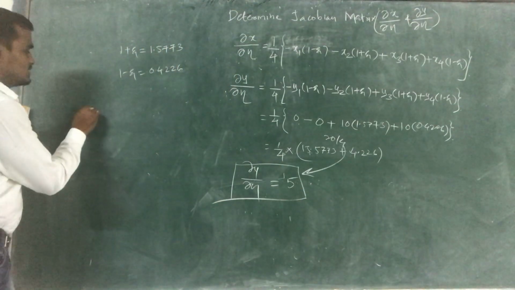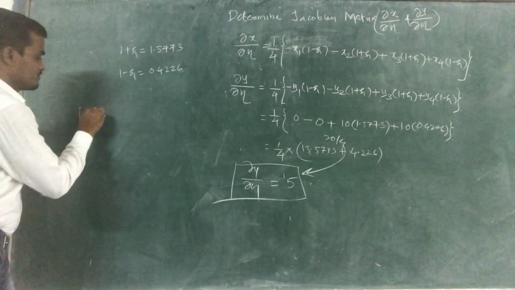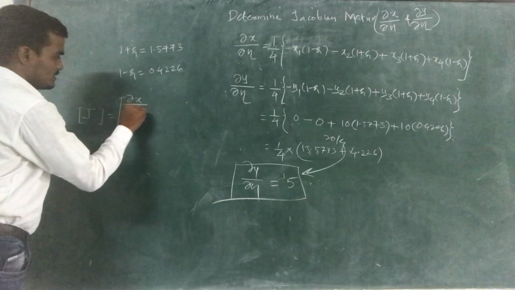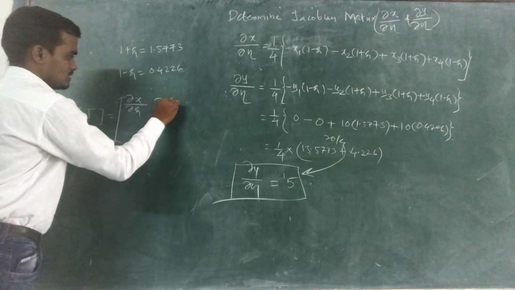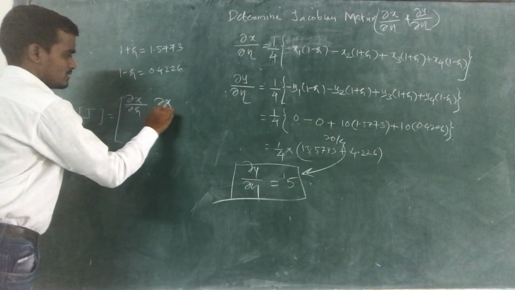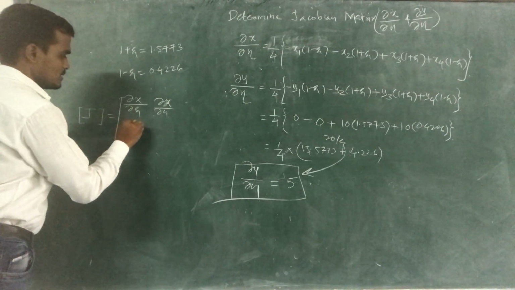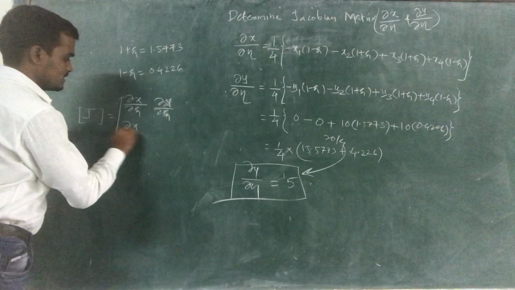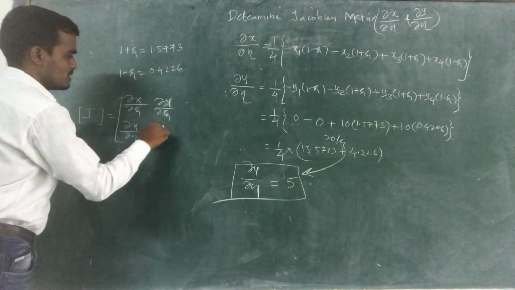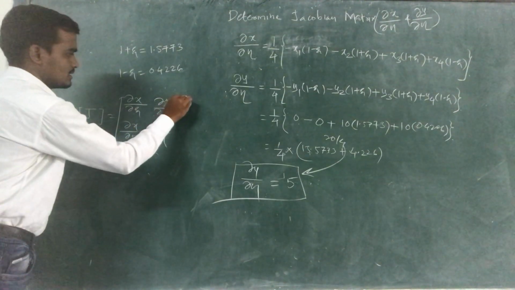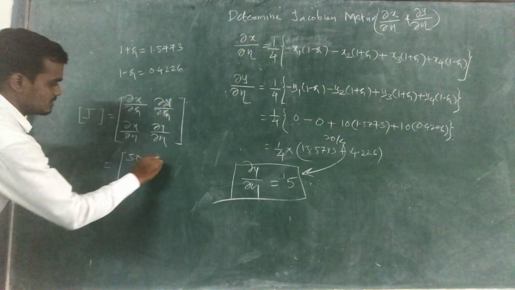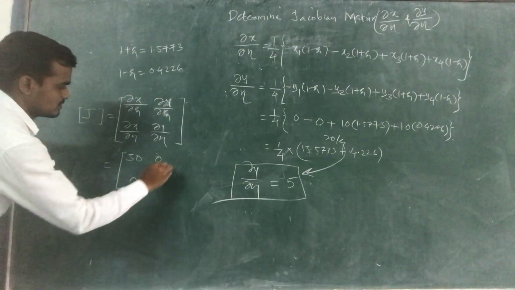And finally, your Jacobian matrix J will become equal to dou x by dou zeta, dou y by dou zeta, dou x by dou eta, and dou y by dou eta. So it will become equal to 30, 0, 0, 5.